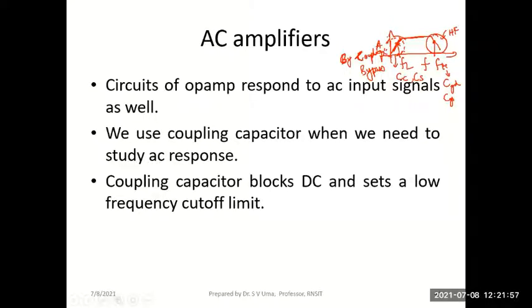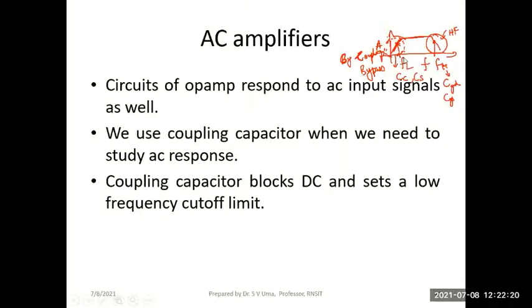And the other important thing is whenever we operate with AC signals, the bandwidth of the amplifier becomes important. It's an important parameter to measure: how efficiently an amplifier works, as per design, in what range of frequencies.